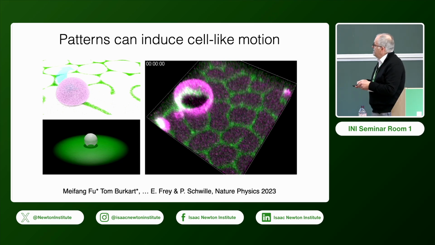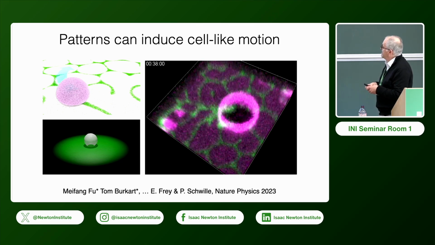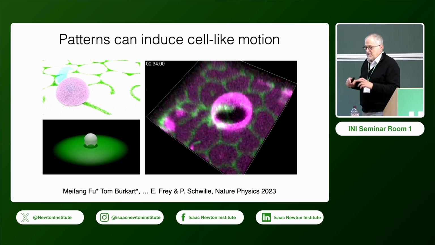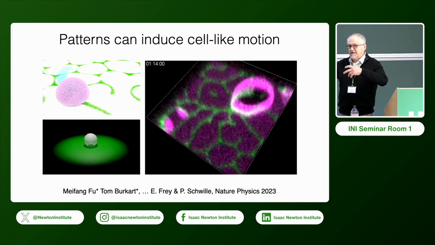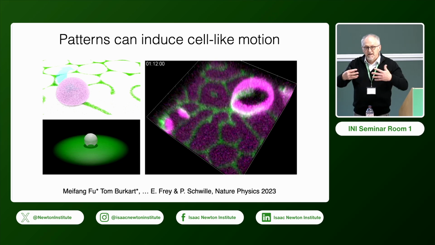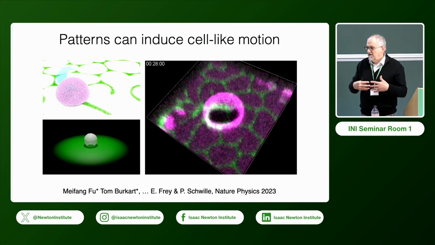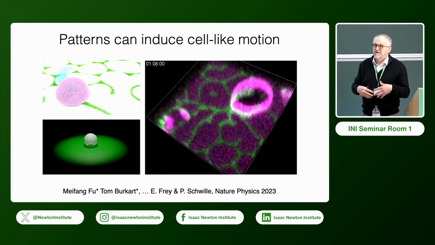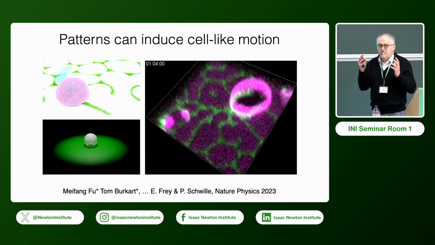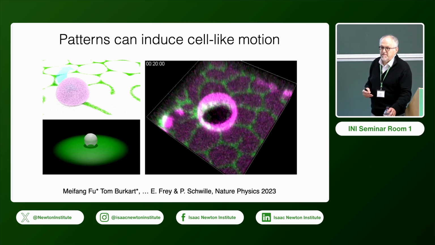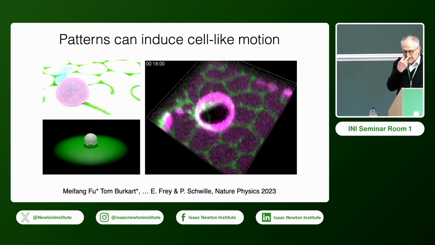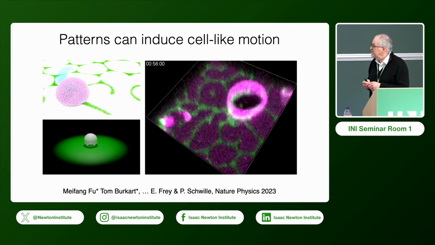So as you saw, this vesicle is moving. So you're able to transduce the energy that's in the chemical pattern into active motion of the vesicle. There are no motors, there is no actin cytoskeleton, there are no things that push here, like in the cytoskeletal system.